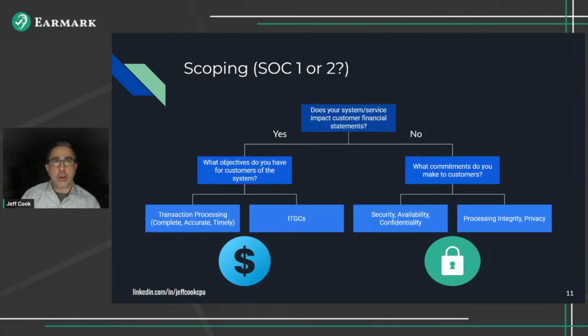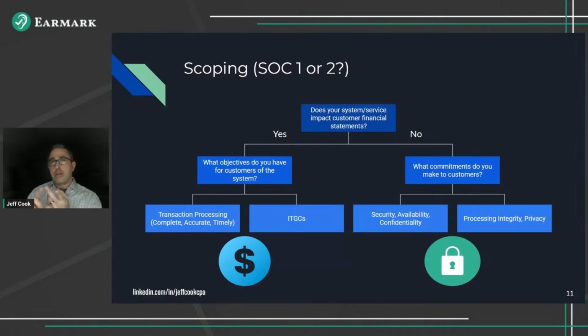When we're talking about scoping, does your client's system impact customer financial statements? If the answer is yes, we have to figure out what objectives the client has for customers of the system. From there, you're going to have objectives related to IT general controls, or ITGC.